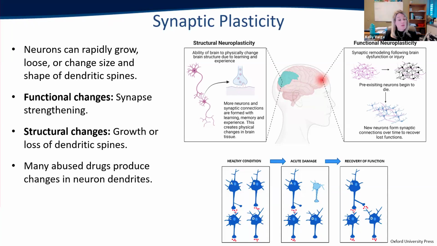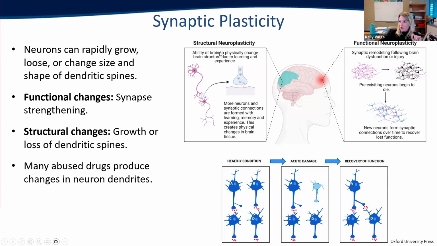Maybe something happens where you need to take a drug now. All of that is modification of synaptic plasticity. There are two major types. We can have functional changes, which is synapse strengthening, or we can have structural changes, in which we can see the growth or loss of dendritic spines.